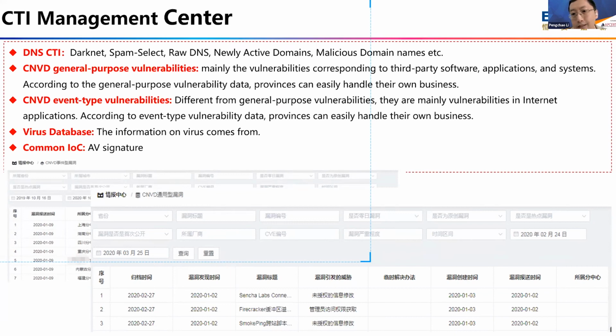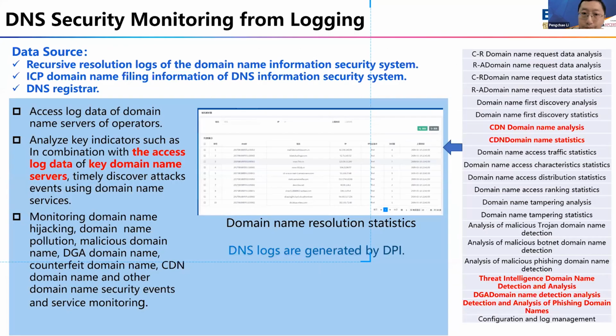A well-designed CTI management center can help you build and maintain your CTI database. The management module should cover some basic database manipulation operations, including CRUD, and some advanced functions for experts in blue teams as well.